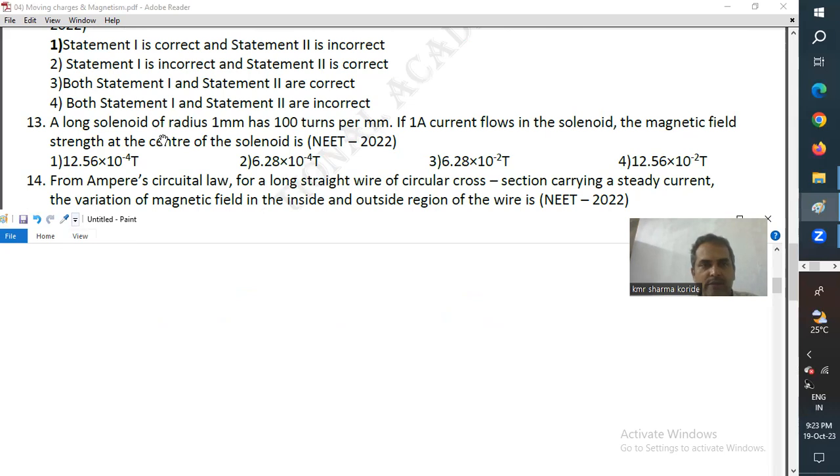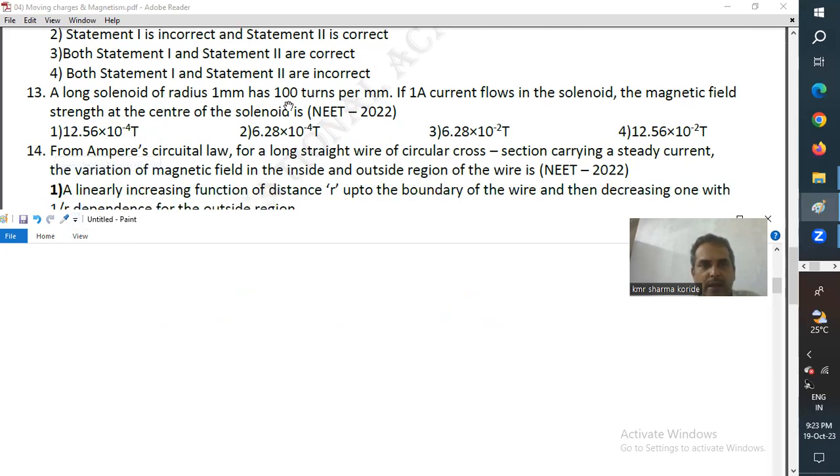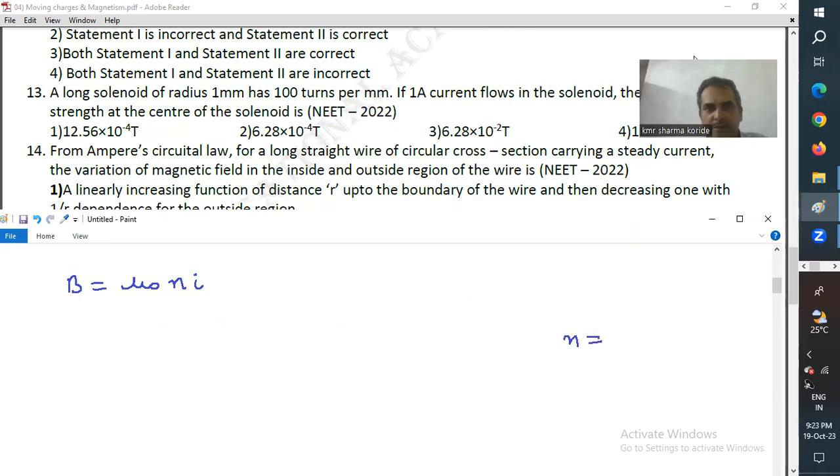A long solenoid of radius 1 mm having 100 turns per millimeter. If 1 ampere of current flows in the solenoid, the magnetic field strength at the center of the solenoid is? Let us recall the formula, that is mu naught n i. Small n is nothing but the number of turns per unit length, which is given per millimeter, so we need to convert millimeter into meter.